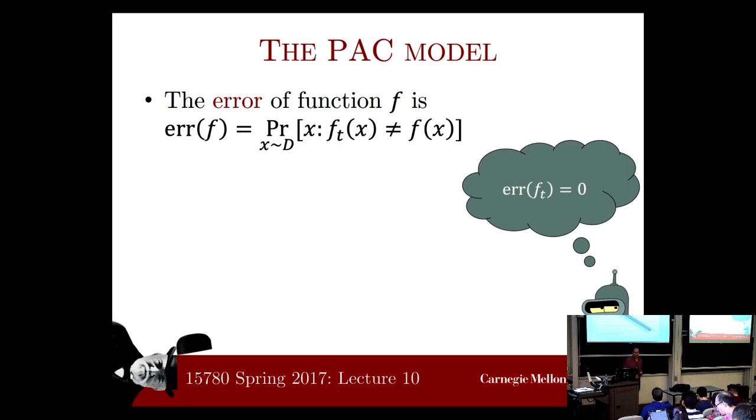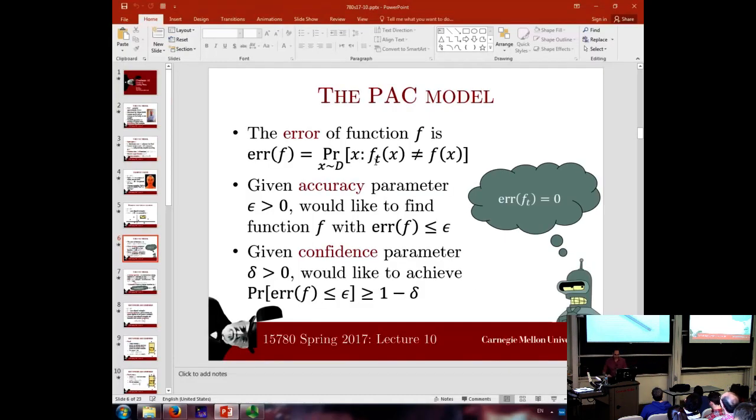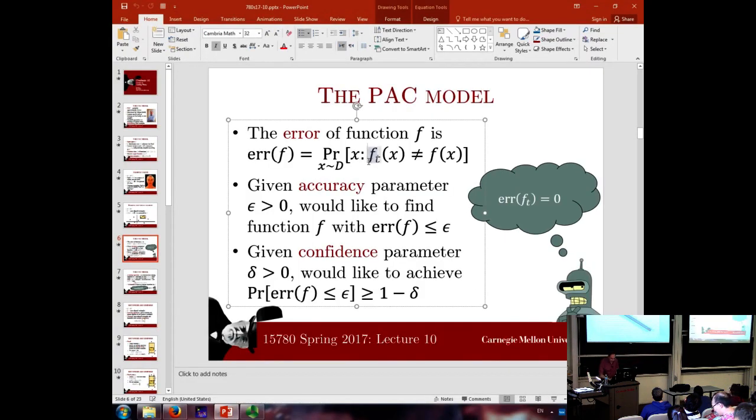So the error of f is the probability that when we sample an input point according to D, f will disagree with the target on that point. Right? So it's the probability, when we sample x according to D, that f_t of x disagrees with f of x. So let me just correct this for a minute.